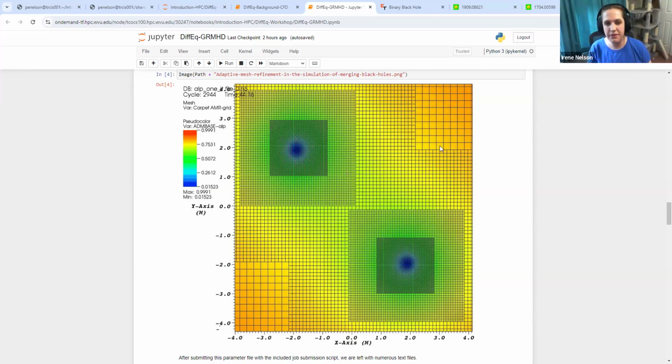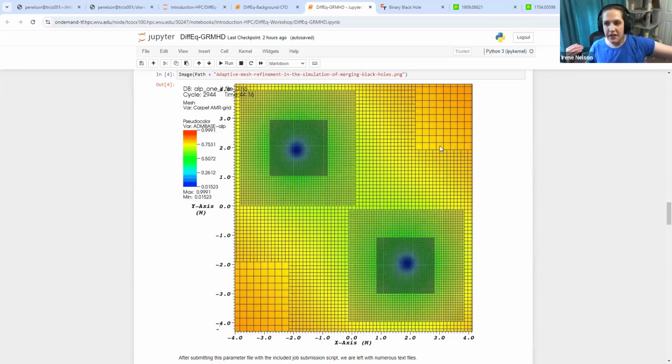So this is an important thing we need to do because the values, the grid functions that we care about, change a lot near the black holes. And as I talked about on Wednesday, we need that higher resolution near these interesting features in order to fully resolve them and accurately represent them.